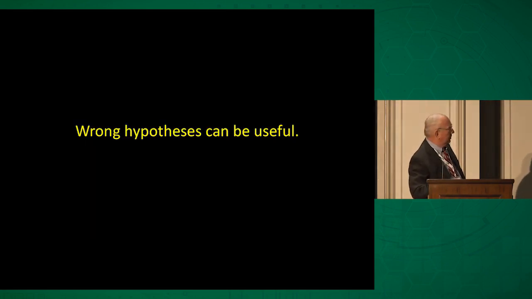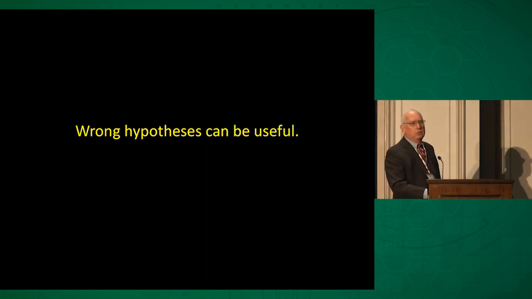The first observation is that a wrong hypothesis can be very useful. And I'll give you an example of a combination. Up until 20 years ago, defibrillators delivered what was called a monophasic shock.